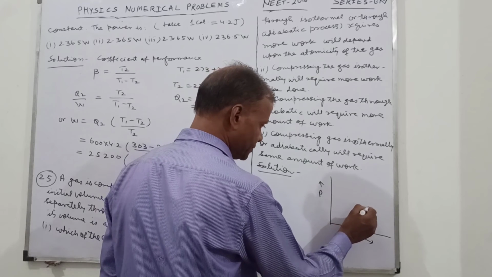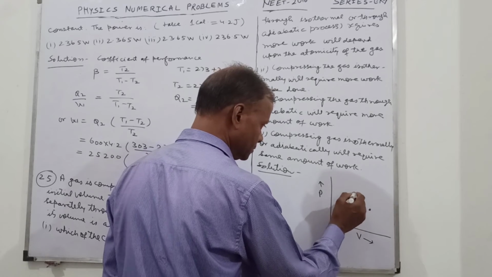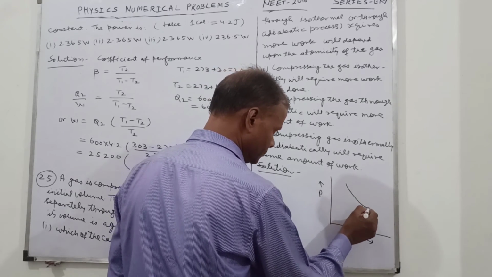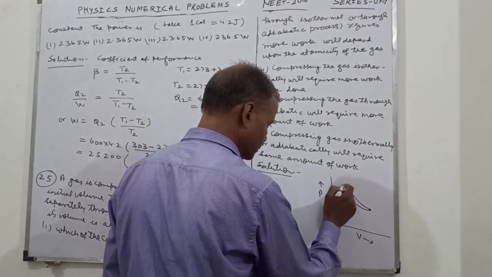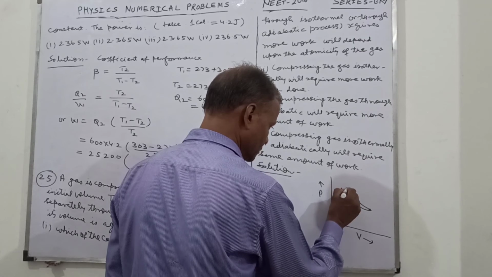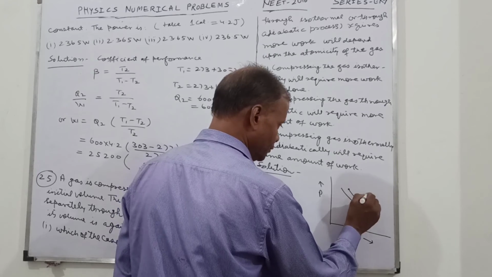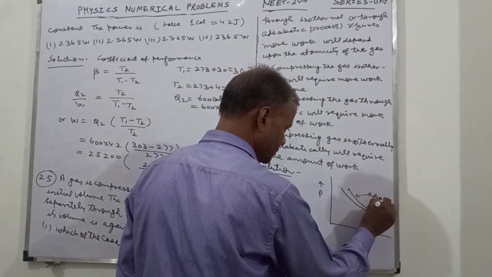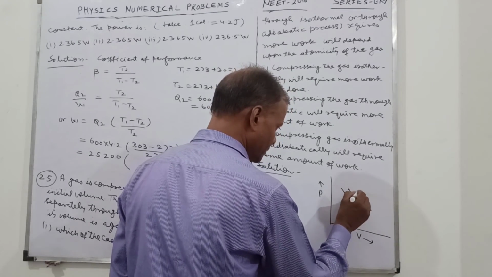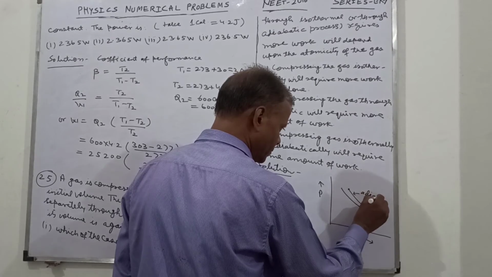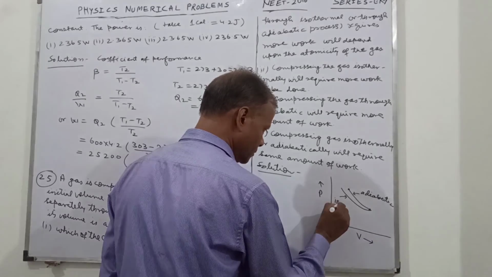When they are compressed, suppose this is the initial volume and compressed to the same amount, then this is your adiabatic and this is isothermal.